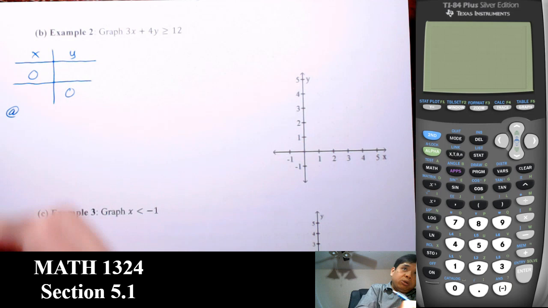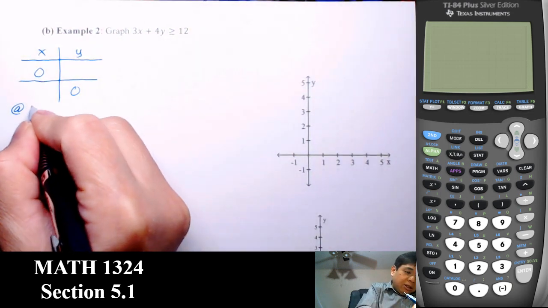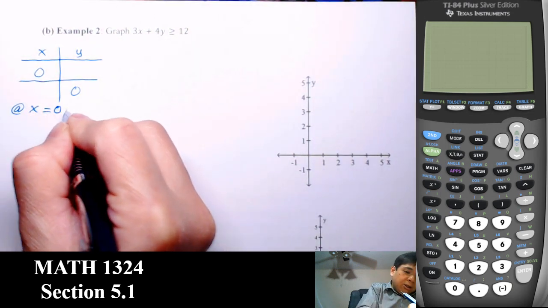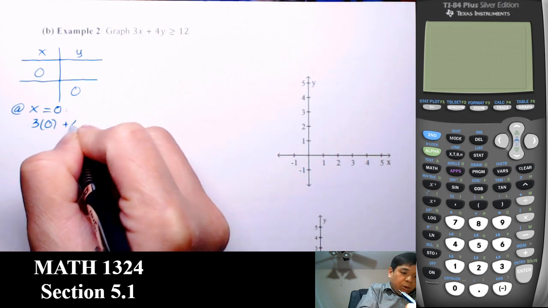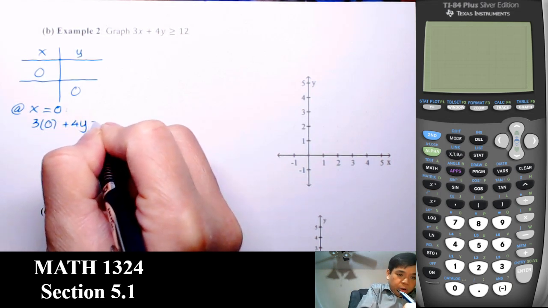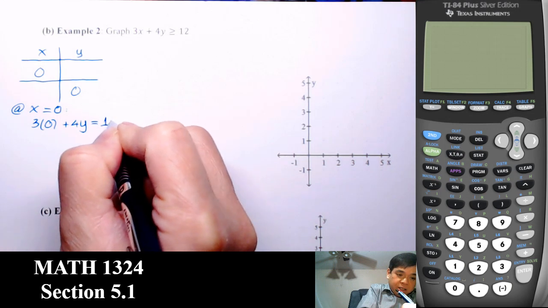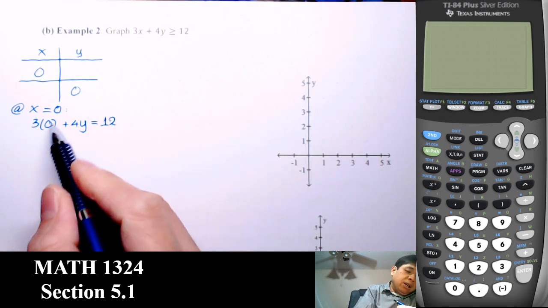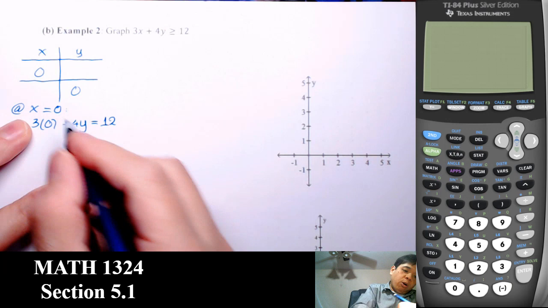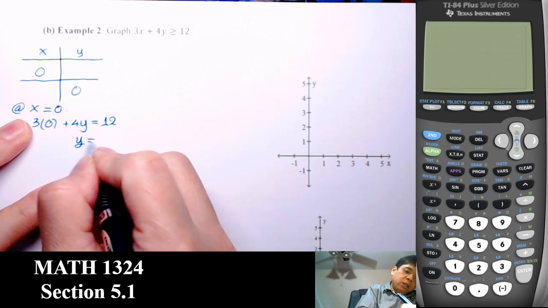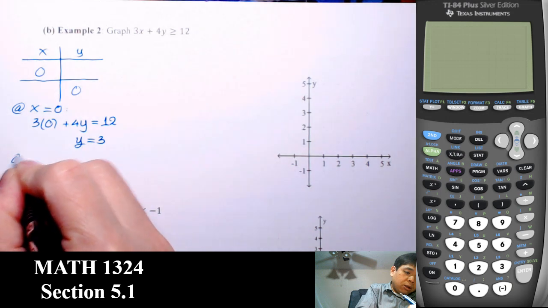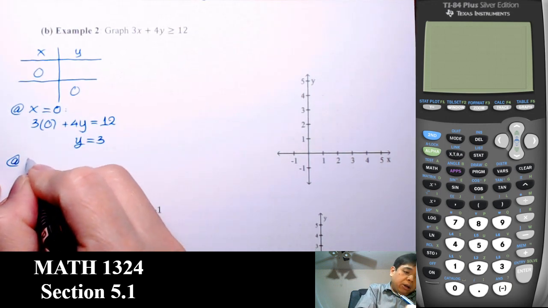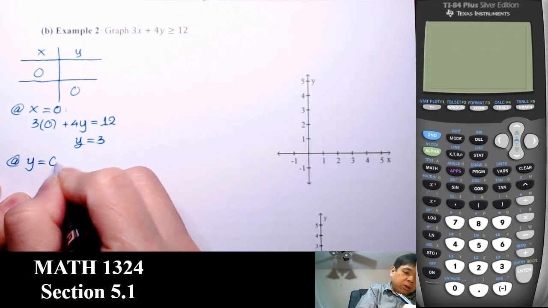When x equal to 0, we have three times 0 plus 4y equal to 12. Now we're just going to solve for equal because we need the point to graph it. So divide by 4 on both sides, y equal to 3. And now y equal to 0.